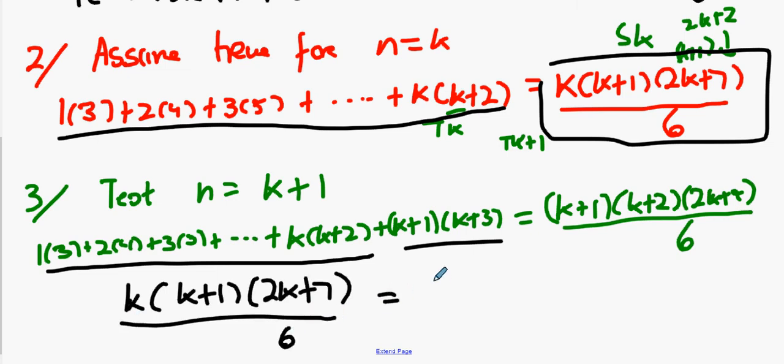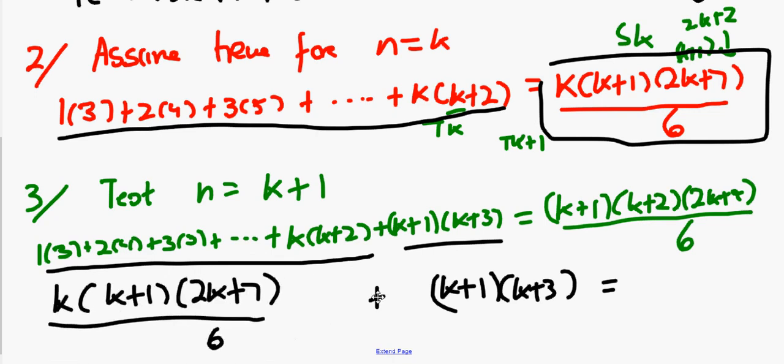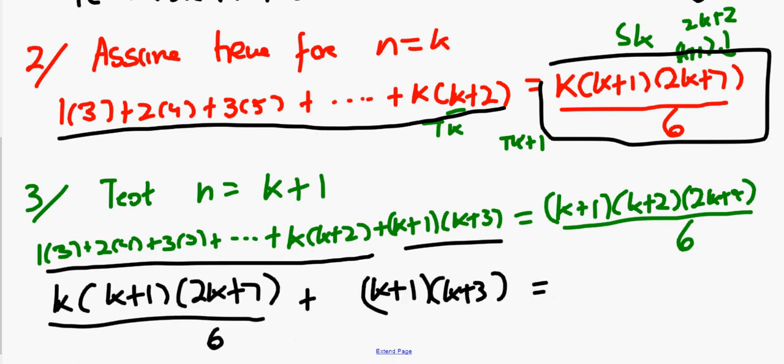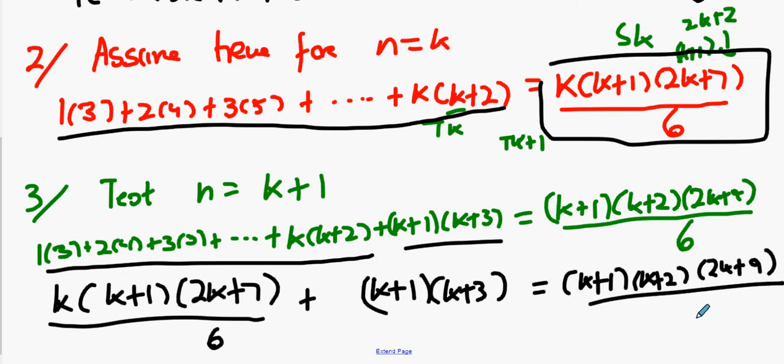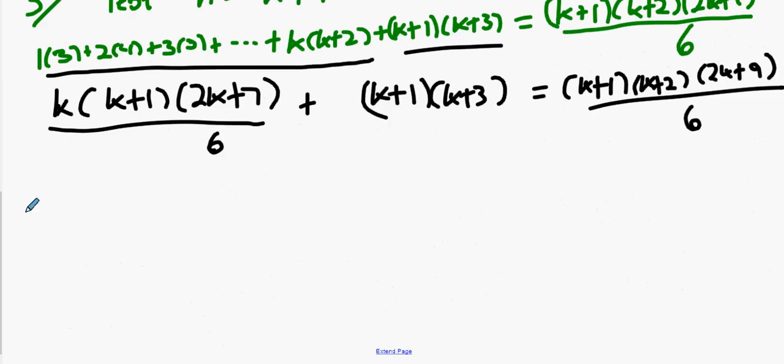And this equals, oh, forgot something, plus k plus 1 times k plus 3. Alright, and this all has to equal, drag all this across if I can, k plus 1, k plus 2, 2k plus 9 all over 6.